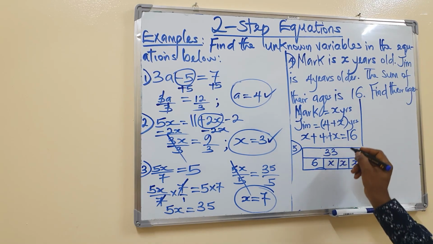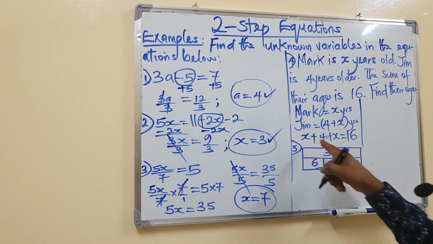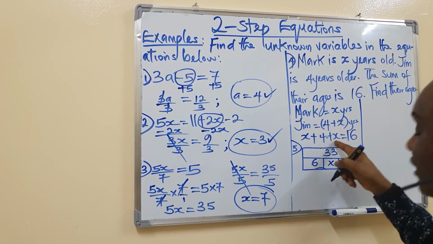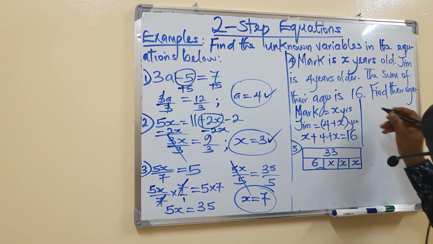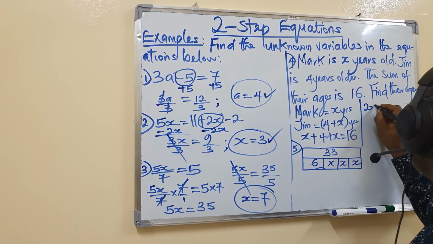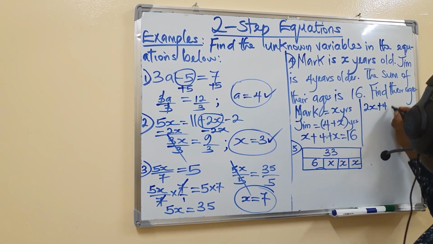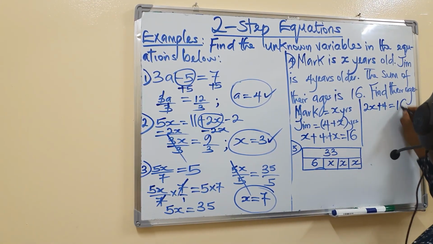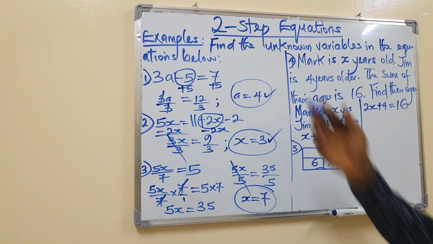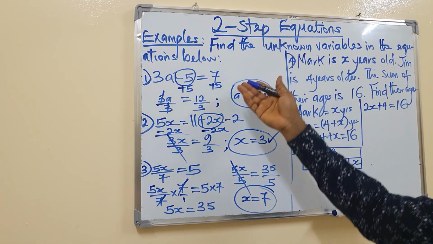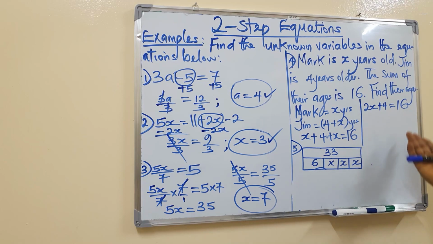Easy to find. Since we already formed an equation, it makes it easy for us. So this is an x, this is an x. Add both x's together, you have 2x, and then plus 4 is equal to 16. Now apply the rules that you have learned earlier, right from the one-step equation till now. The rule is easy.